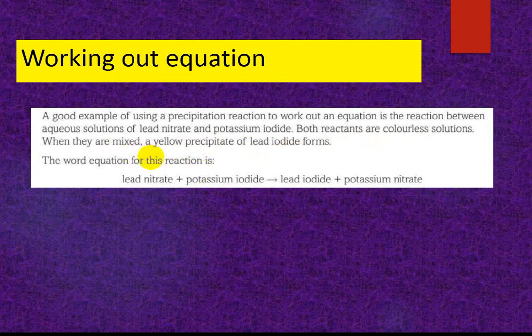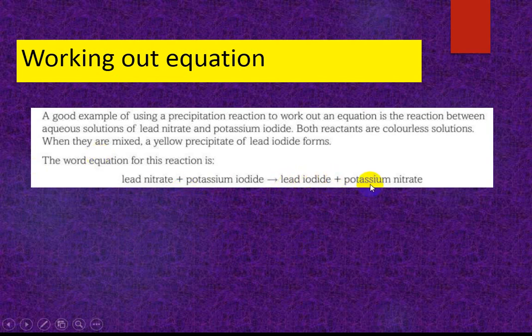What are the reactants? What are the products here? Lead nitrate and potassium iodide are the reactants. The product is lead iodide.